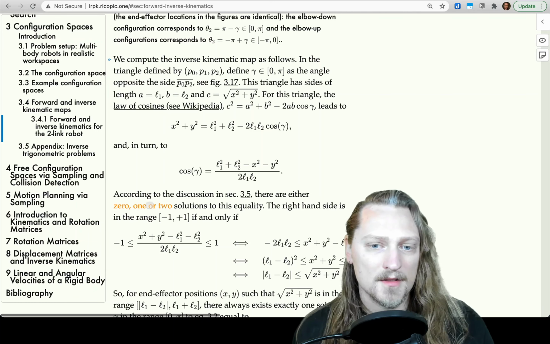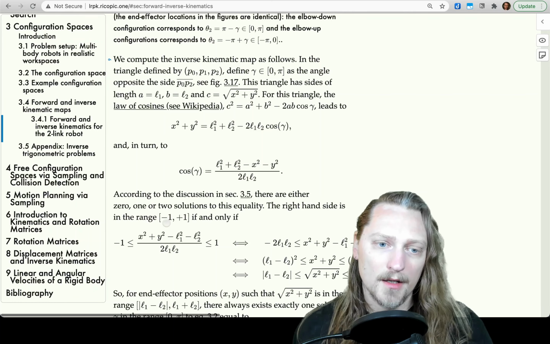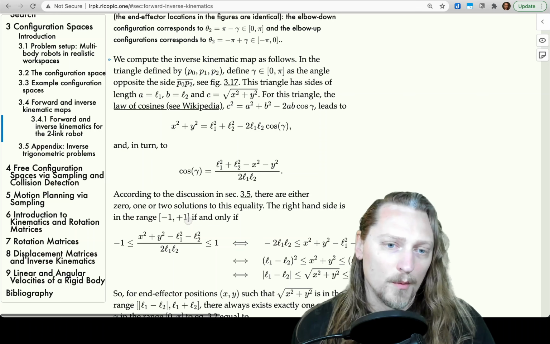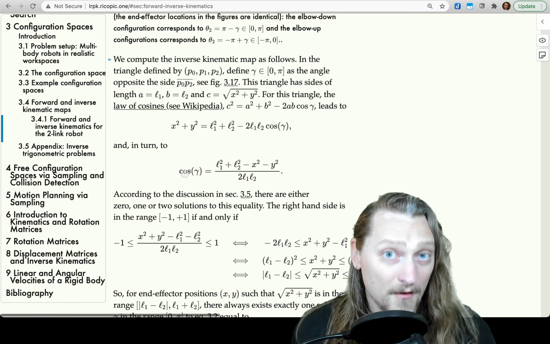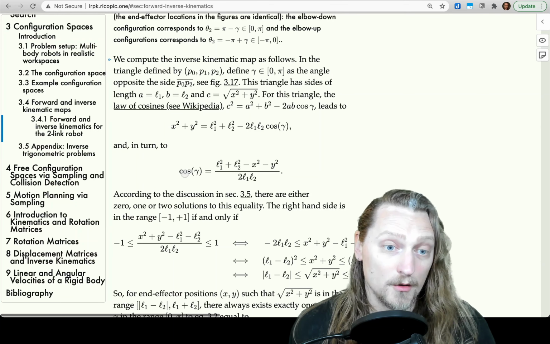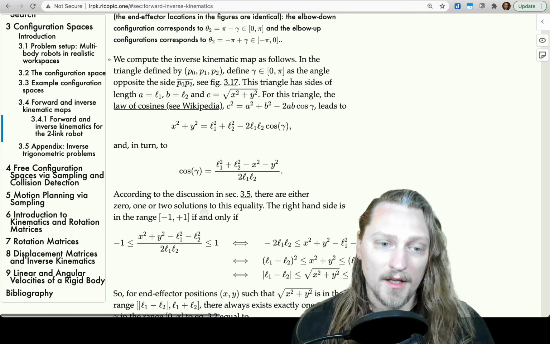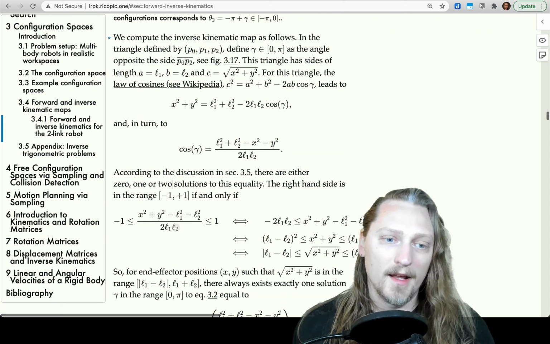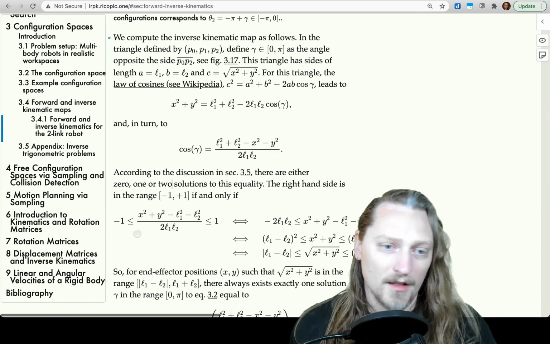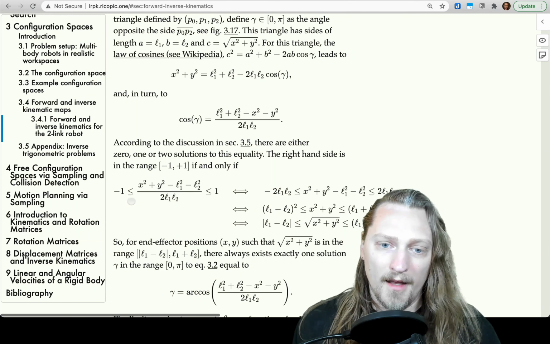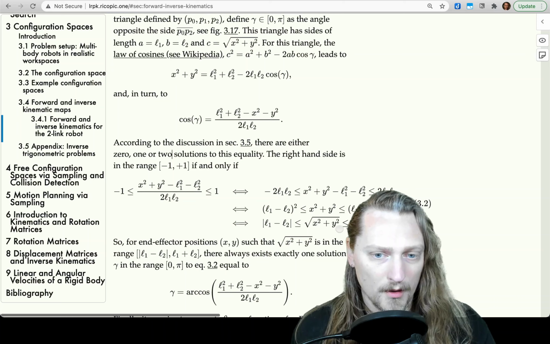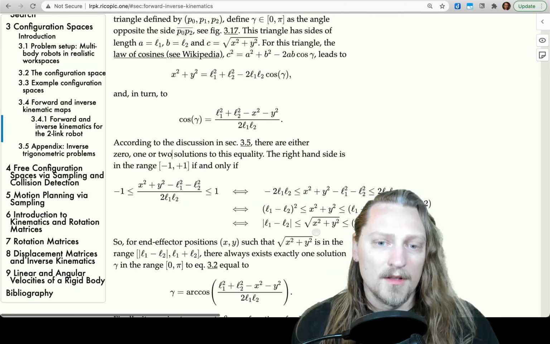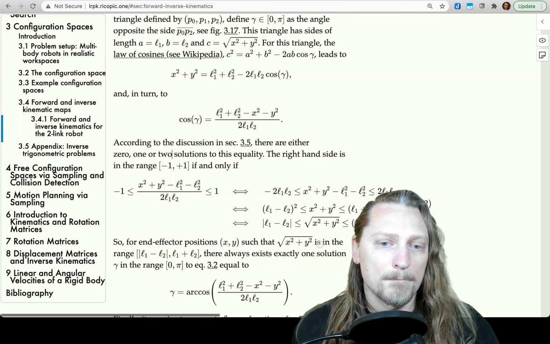The right-hand side is in the range -1 to +1, which is to say, it's in the range of possible values for the left-hand side, so there is a potential solution if and only if this right-hand side is in that range. And you can learn from that that the range of potential solutions occurs for the square root of x squared plus y squared in this interval.